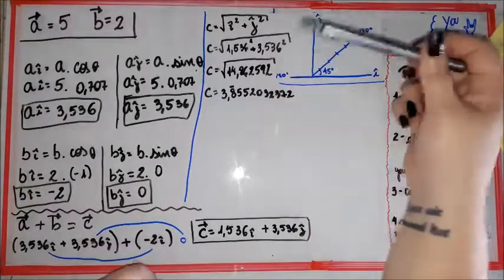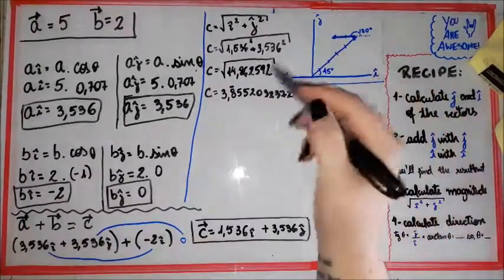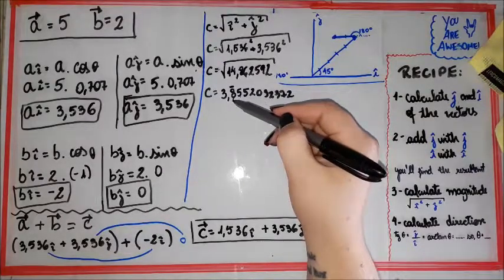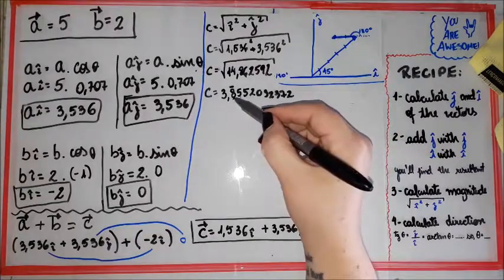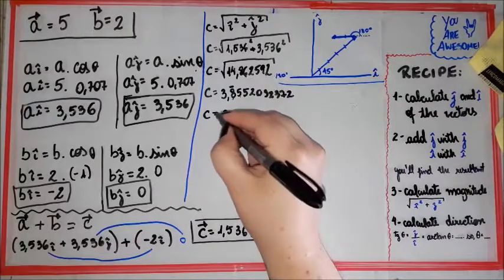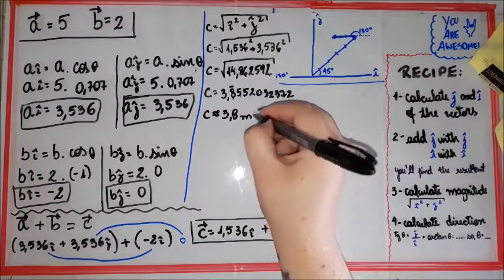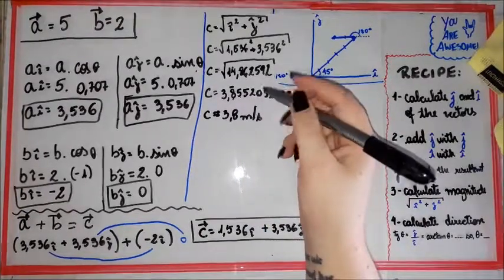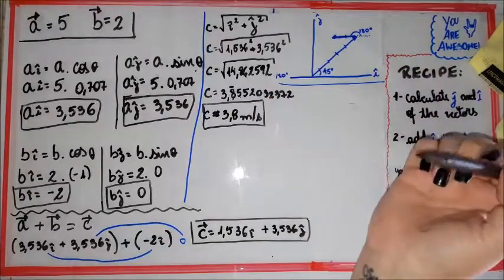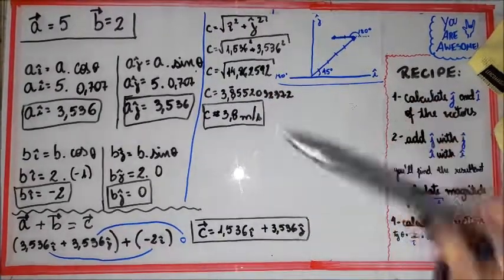Okay, let's round it up here. As you know, there's a number 5 and this one is even, so we keep it. So vector C is almost equal to 3.8 meters per second. This is its magnitude. Okay, it's the resultant. The magnitude of the resultant.